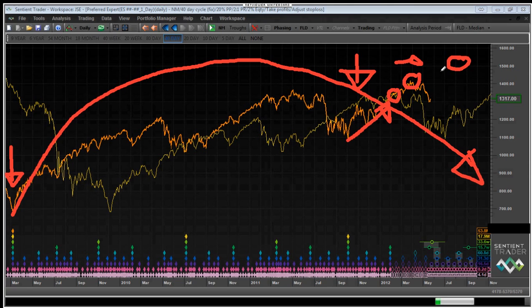Which means that even when price crossed that 18-month FLD just above the 1300 level, although the projection theoretically went up to the 1500 level, that projection was expected to be underfulfilled, undershot. We didn't expect price to get that high because of the underlying trend of the 54-month cycle.